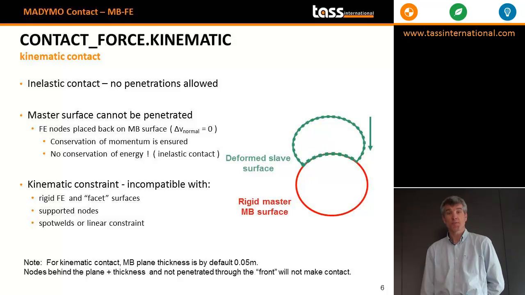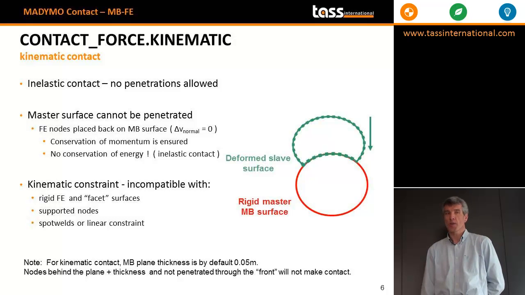And for that reason, the nodes that are double constrained are taken out of the contact. And for that reason, the contact might not be working as you would expect. This is one of the prime reasons why this kinematic contact is not preferred to be used.